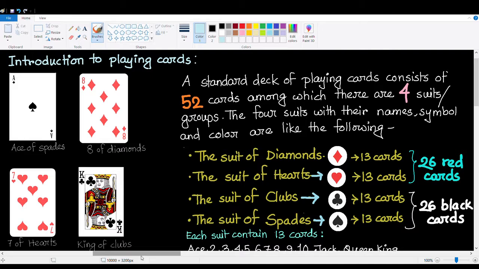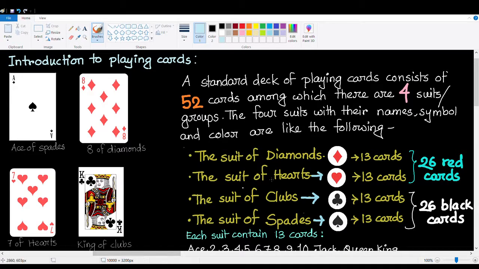Each suit has 13 cards in it. One thing to note is that there are 26 cards which are red, the diamonds and the hearts, and 26 cards which are black, the clubs and spades.